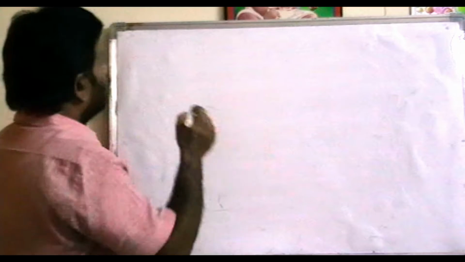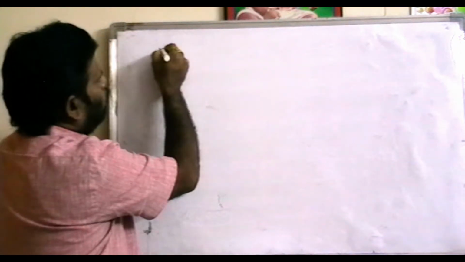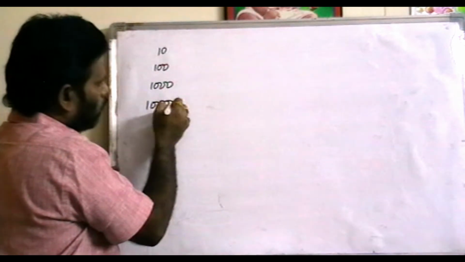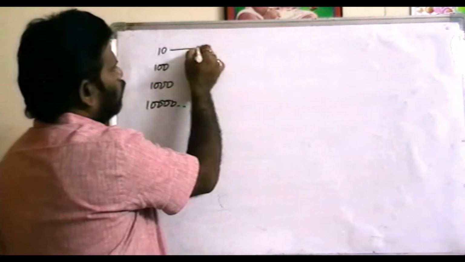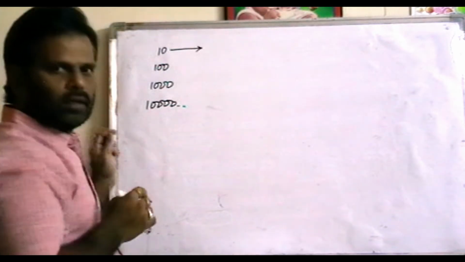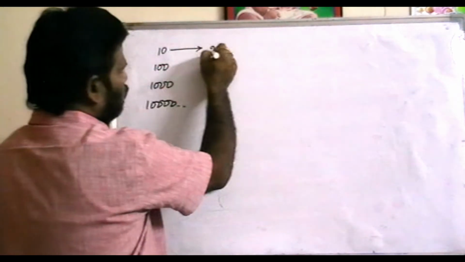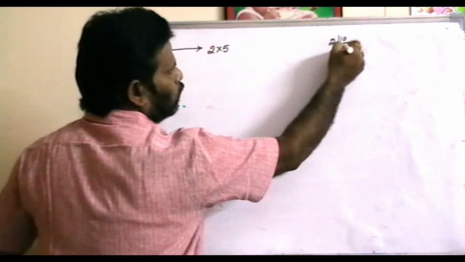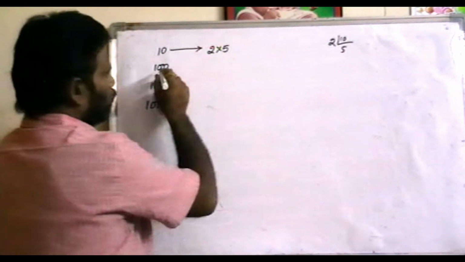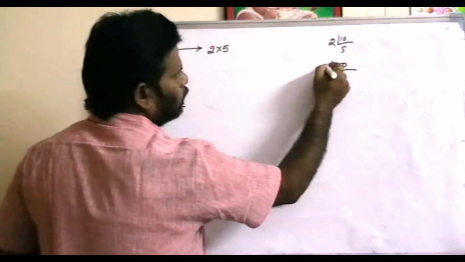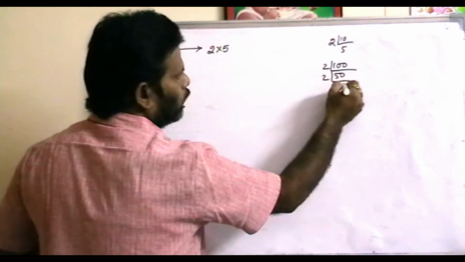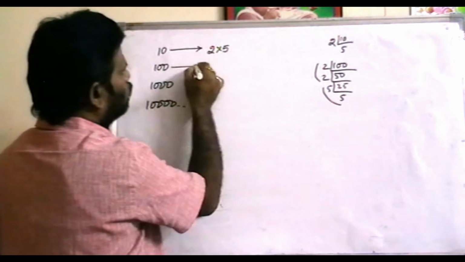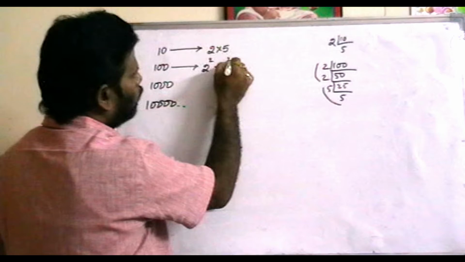So what does a round figure denominator mean? 10, 100, 1000, 10,000, and so on. Suppose 10 is changed into prime factors: 2 5s are 10 only. Suppose 100 is divided into prime factors: 2 50s are, 2 25s are, 5 5s are. That means 2 into 2, 2 square, 5 into 5, 5 square, so 2 square into 5 square.